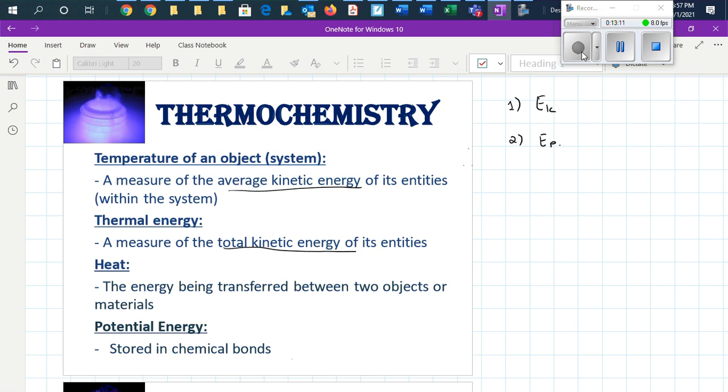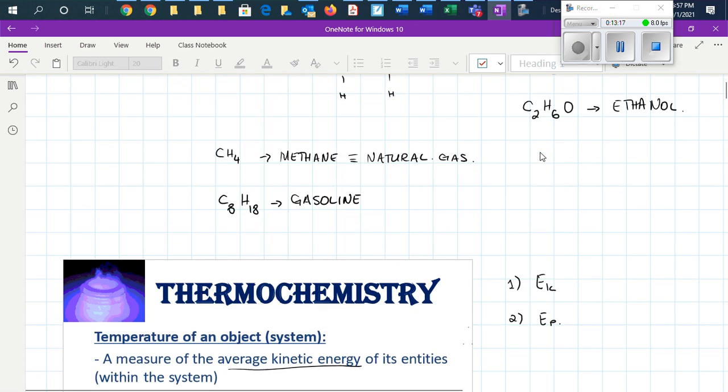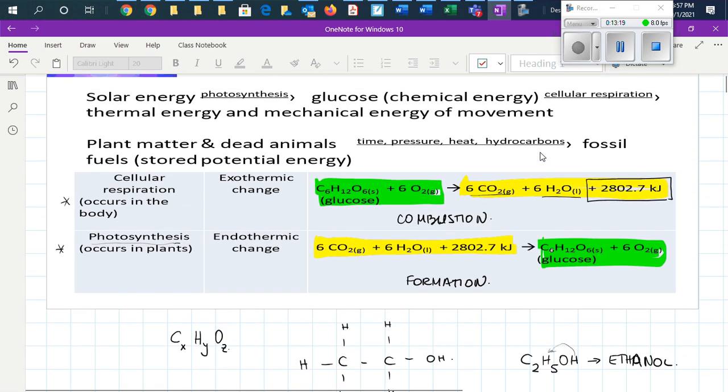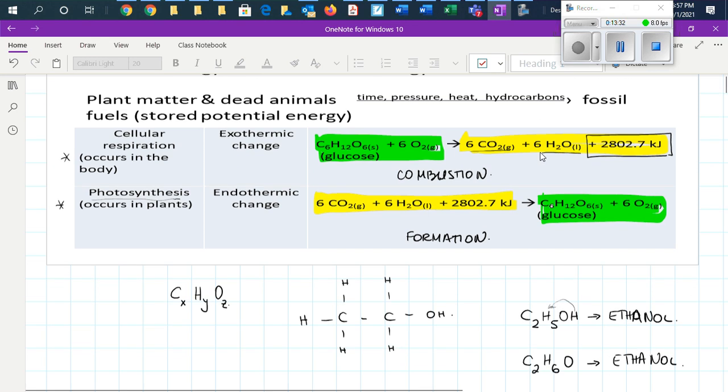And as we said on the previous slide, plants and dead animals, through time, pressure, and heat, are storing that potential energy within the bonds.